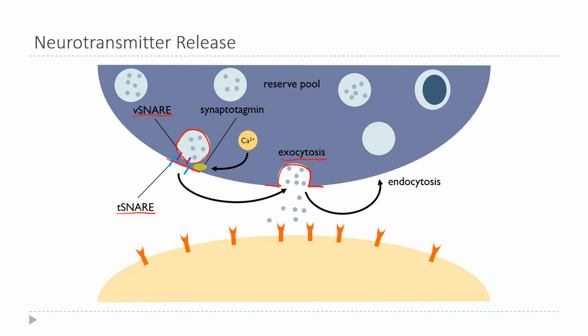This isn't actually just for neurotransmitters. There are other substances, like hormones, that are released from glandular cells in a pretty similar process. Then, once the neurotransmitters are released from the vesicle, they have the ability to diffuse across the synaptic cleft.